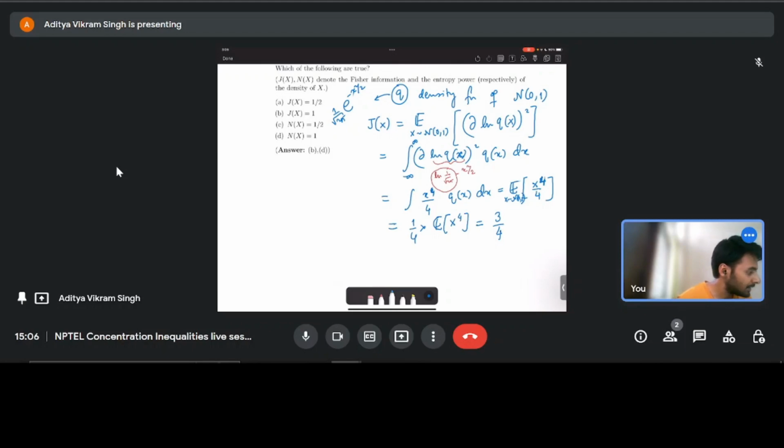Jx is the expectation of the derivative of ln q(x) the whole square. Oh, okay, I forgot to take the derivative here. Let me do it again. We'll remove all this.